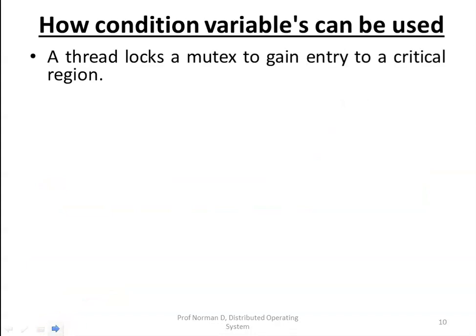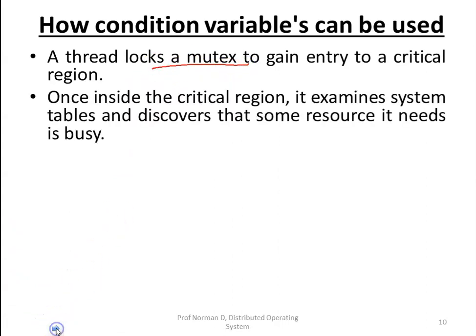Now the question is how these condition variables can be used. A thread locks a mutex to gain entry to a critical region.